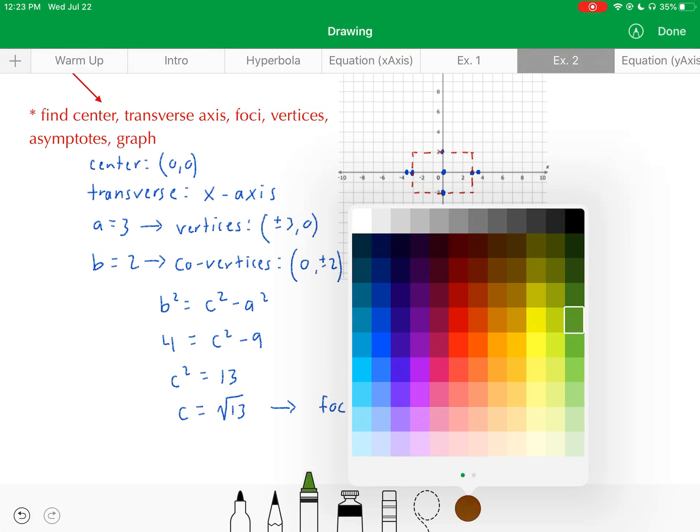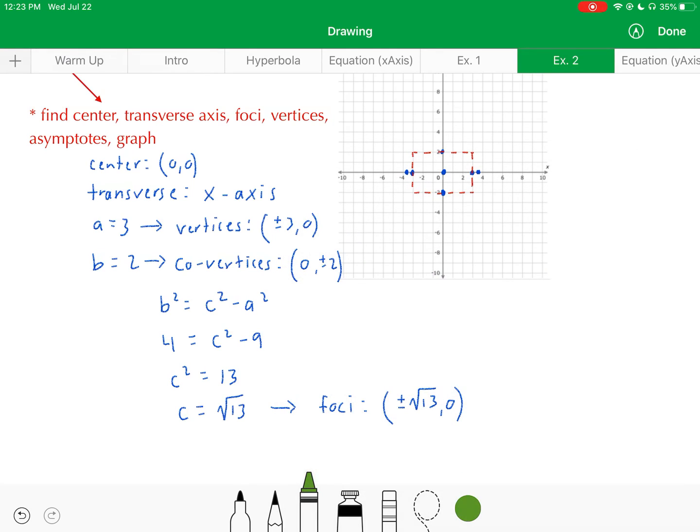And that's going to then lead me to my asymptotes associated with the hyperbola. So the asymptotes have to pass through the center as well as the vertices of the rectangle. So your asymptotes are going to be doing something like this.